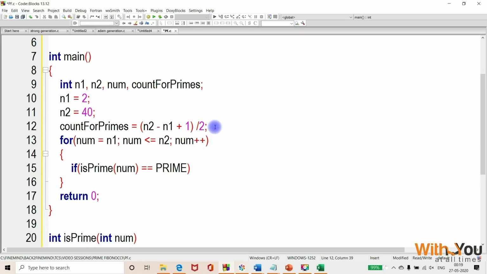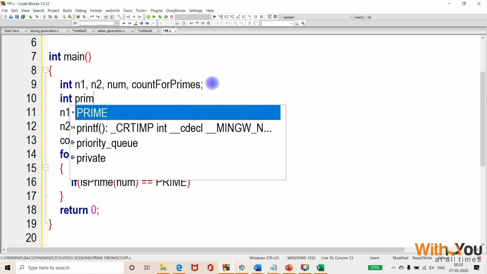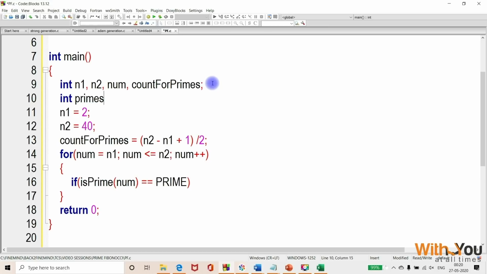So now I know how many numbers can be prime numbers. So how do I store it? Let me determine the name of the array: primesARR. Focus please. If I know the size, I put it in square brackets.